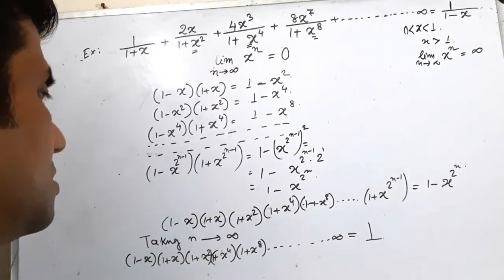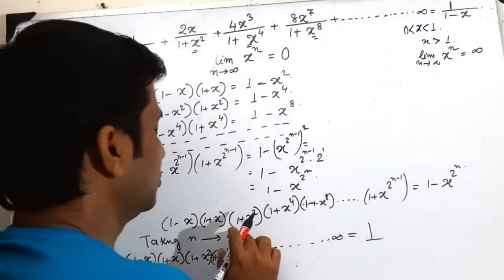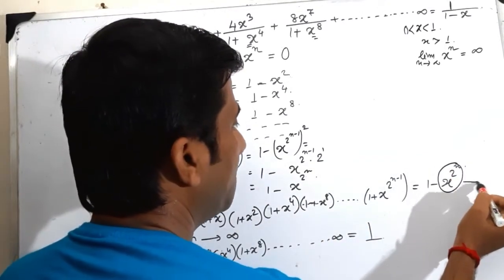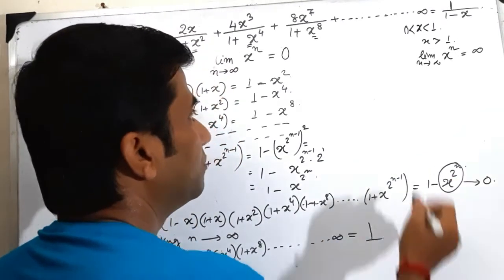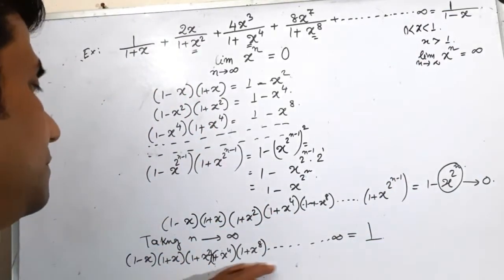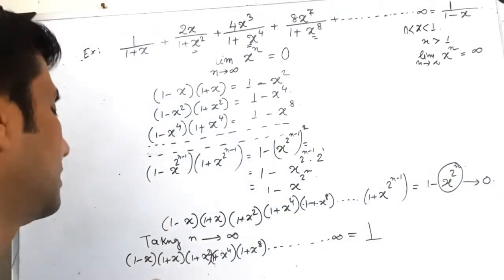This is equal to 1, because x to the power 2 to the power n, if n tends to infinity, turns to 0, because x is between 0 and 1. So this is our result.